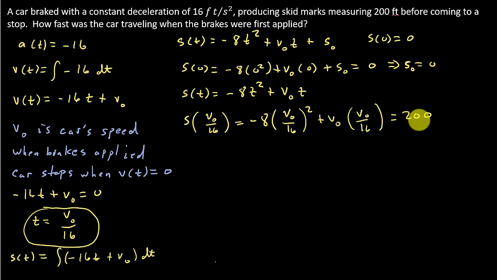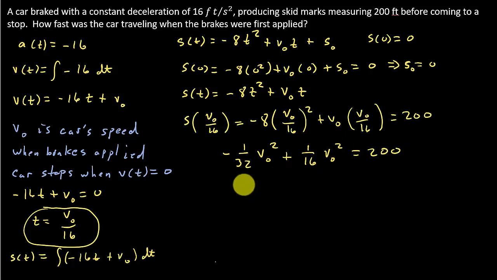So if I square this, I get v0 squared over 256. And negative 8 over 256 is negative 1 over 32 v0 squared plus 1/16 v0 squared equals 200.